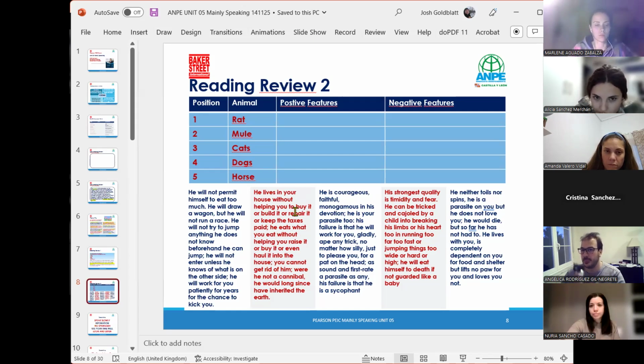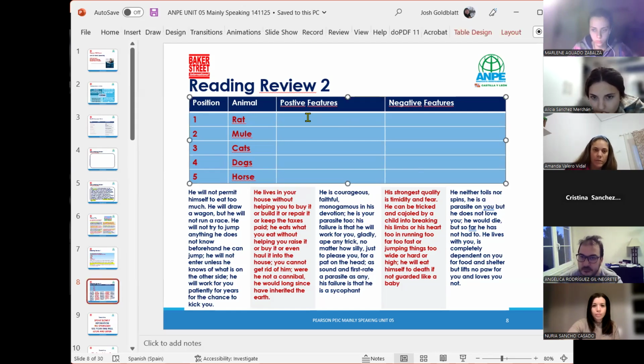Okay. So again, let's have a bit of time. But what I would like you to do is to identify the positive and the negative features. All right. So which is this about? Which animal is it? What are the positive features in the text?